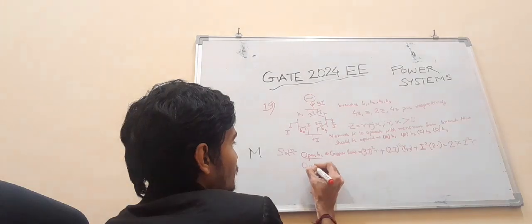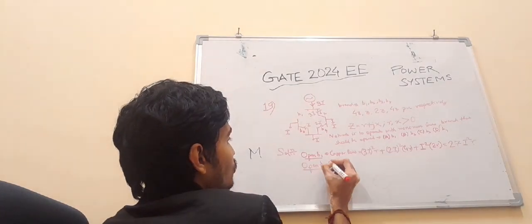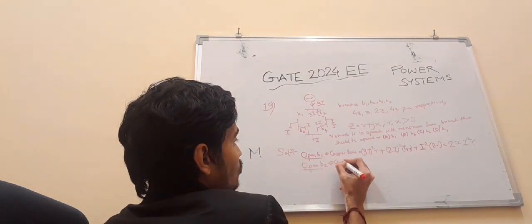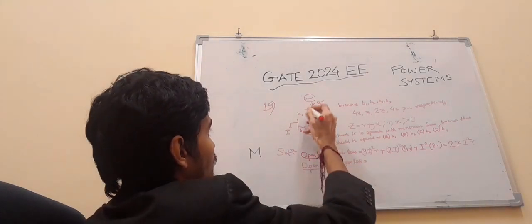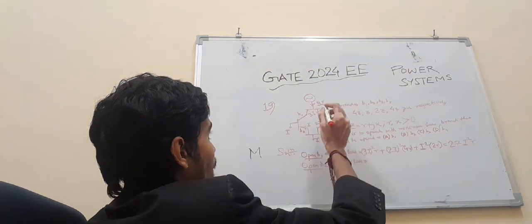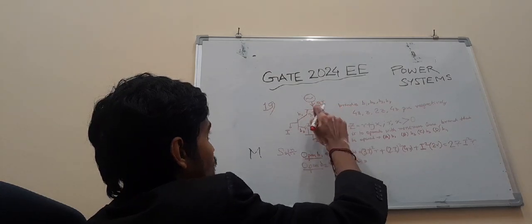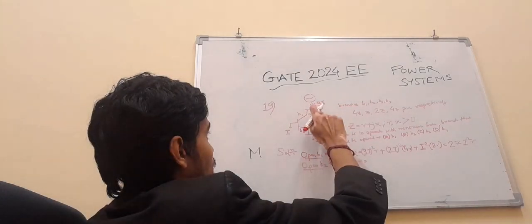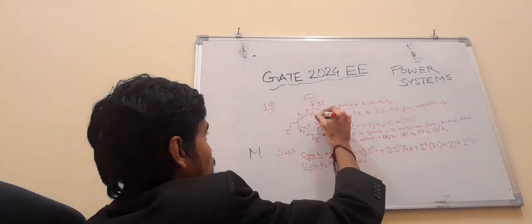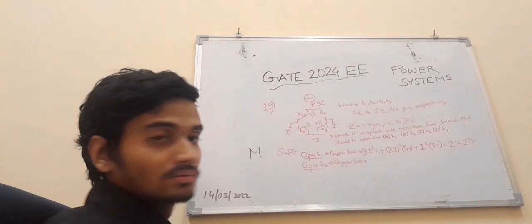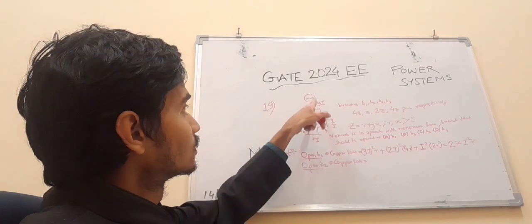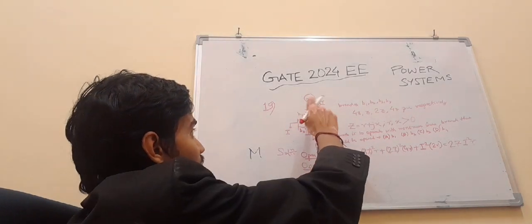Now let's open the next branch, which is B2. So copper loss is how much? Let's join this back. Okay. So entire current will flow through B1 if you open B2, applying KCL at this bus.